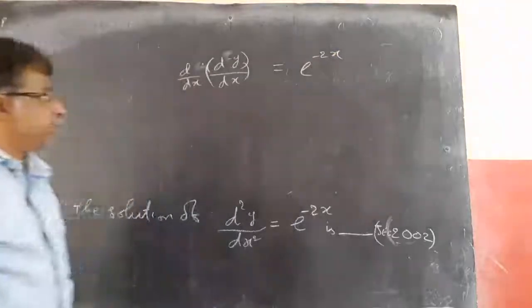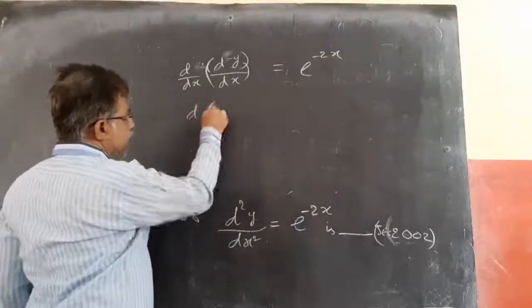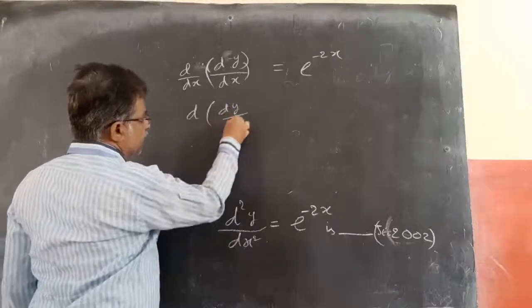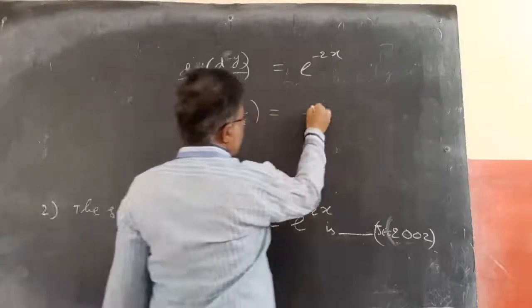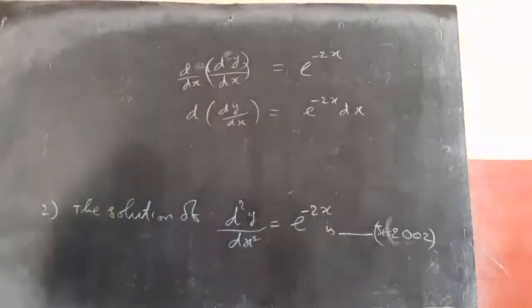Now variable separable. So bring this dx to that side, what happens? d(dy/dx) = e^(-2x) dx.